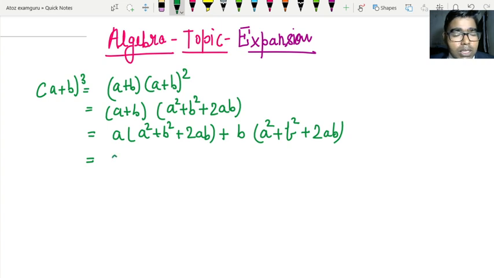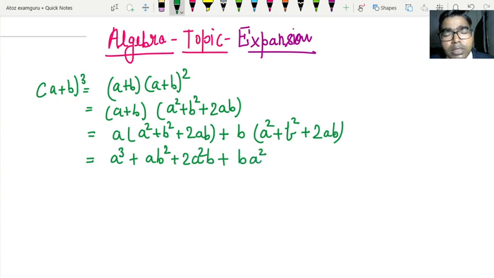You will get a cube, and now a into b square gives ab square, and when a multiplies 2ab, you will get twice of a square b. And now you will get b into a square, that is b a square, b into b gives you b cube, and this will give you twice of a b square, right friends?